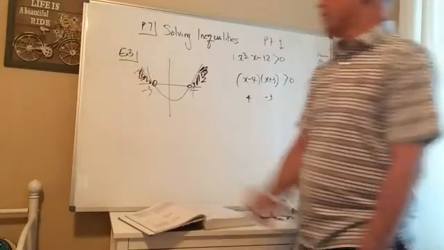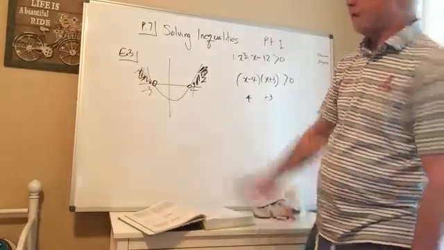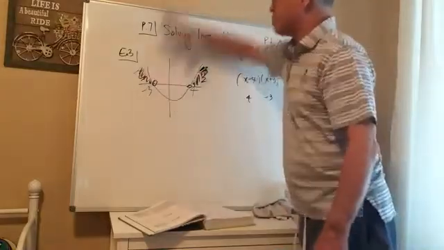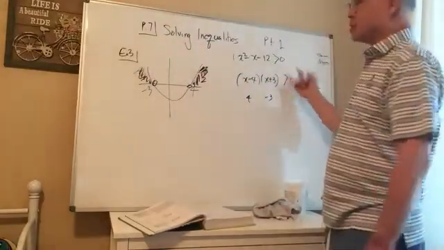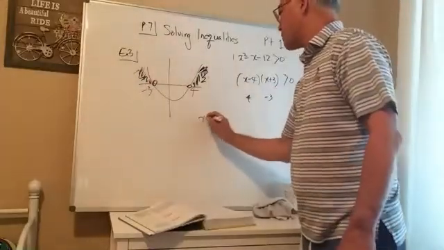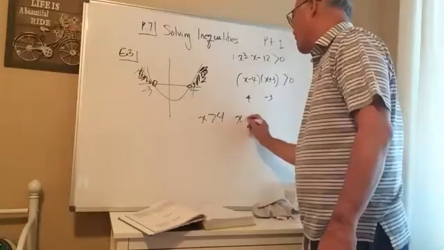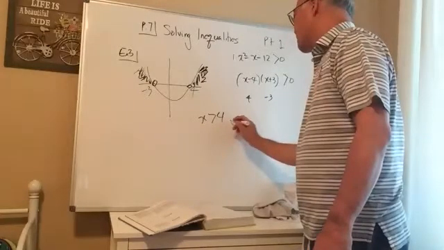Can you see how that gets filled in? The y value has to be greater than 0. It's greater than 0 when x is greater than 4 or x is less than negative 3. Are we good with that?